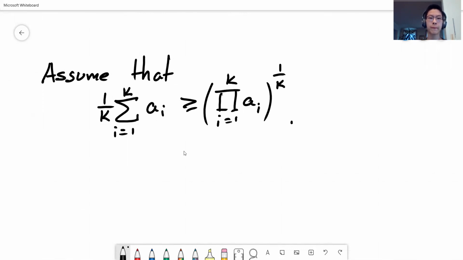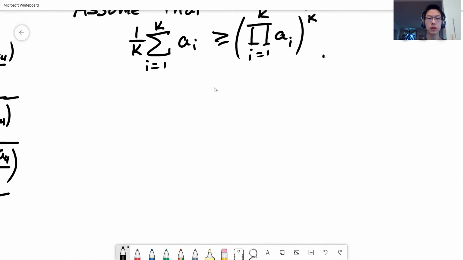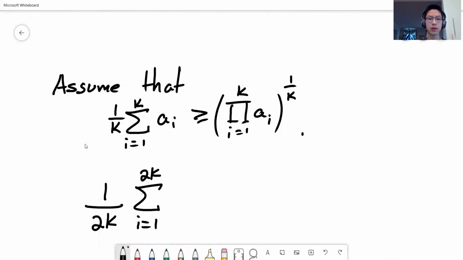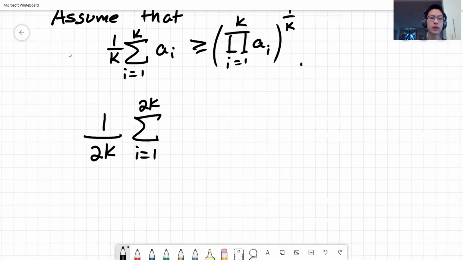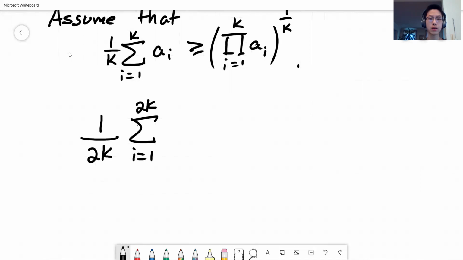All right. So now let's see what we can conclude about 1 over 2k times the sum from i equals 1 to 2k, right? So we're assuming that this case is true, right? The AM-GM inequality is true in the case when n equals k. Now let's see what happens for 2k.